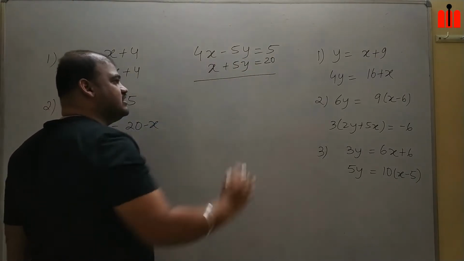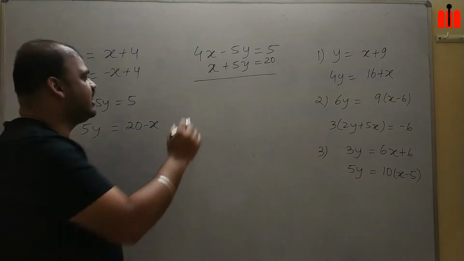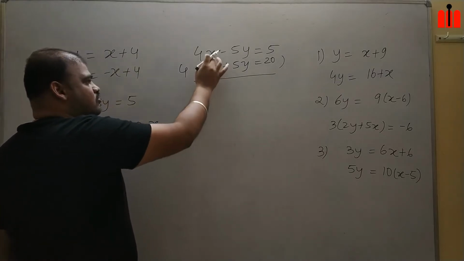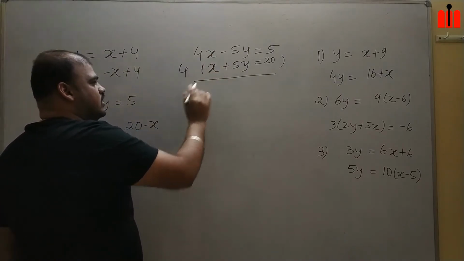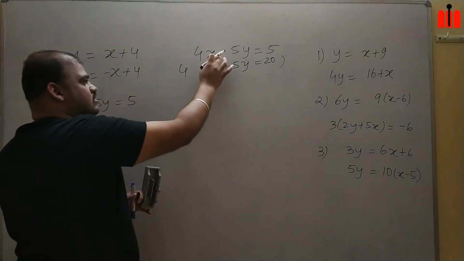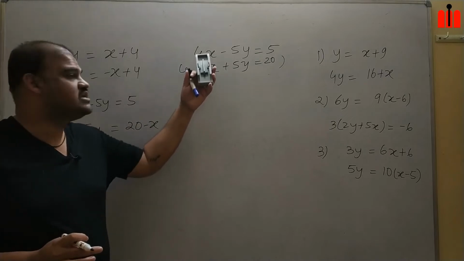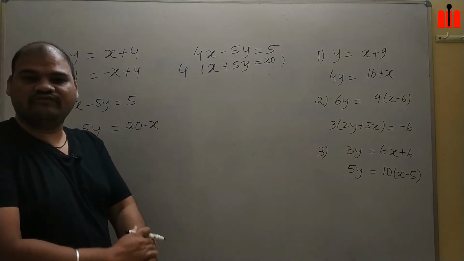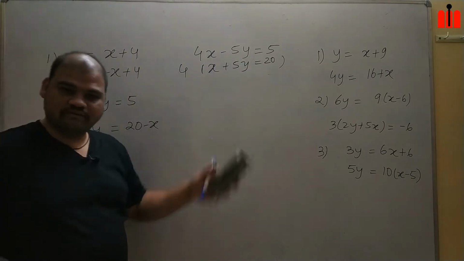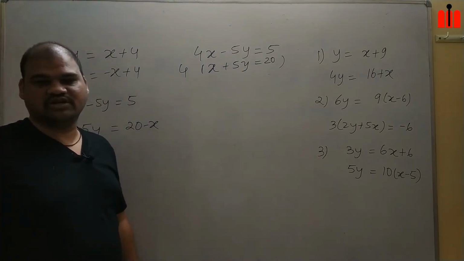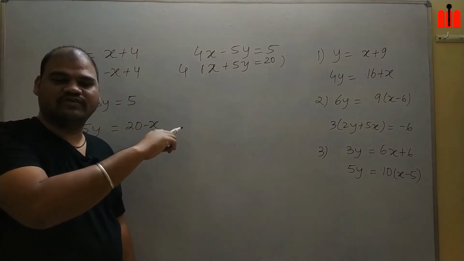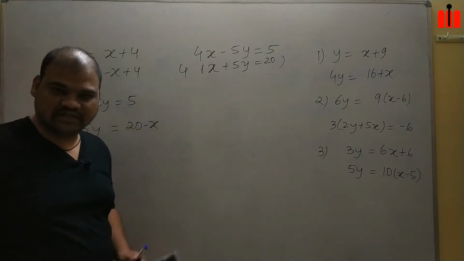So first equation needs to be multiplied with 1, and second equation needs to be multiplied with 4, because I want to make the x coefficient same as the earlier one. Then only we can add and subtract, then this coefficient will be cancelled and it will become a one variable equation, and the one variable equation will be solved, and after that you substitute that value in the two variable equation, you will get the other variable.